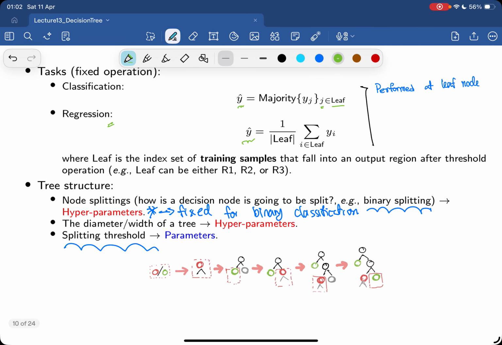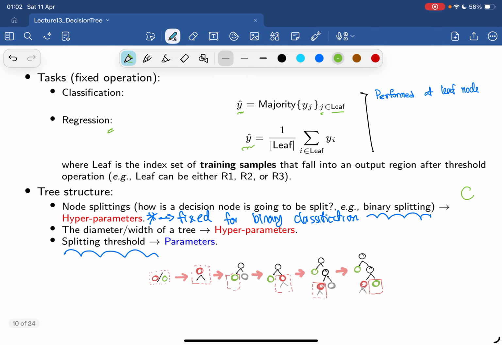That means when we have a decision, we would only divide it in half, right? And the depth of the tree is how far apart it is from the first to the last.